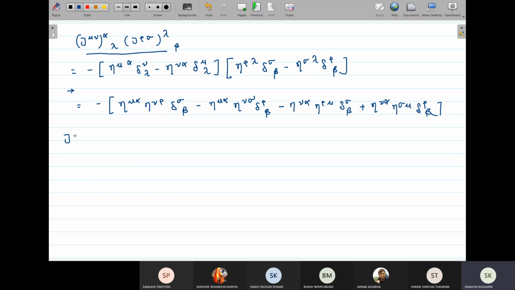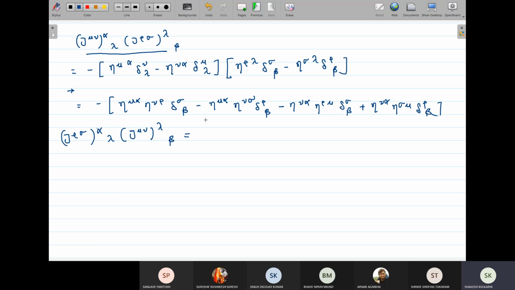Similarly, you write the expression for j rho sigma lambda beta. So I can write this as j rho sigma alpha lambda and j mu nu lambda beta.